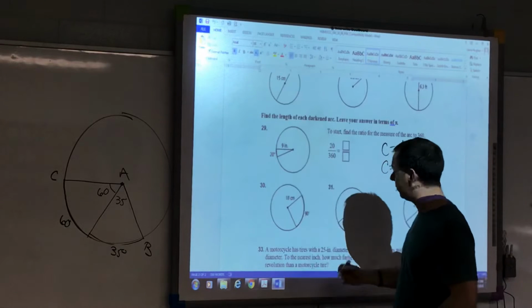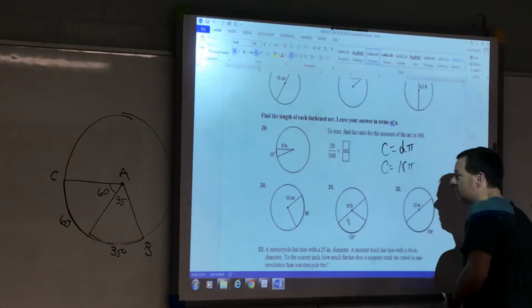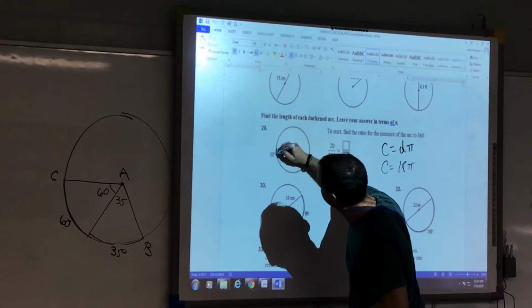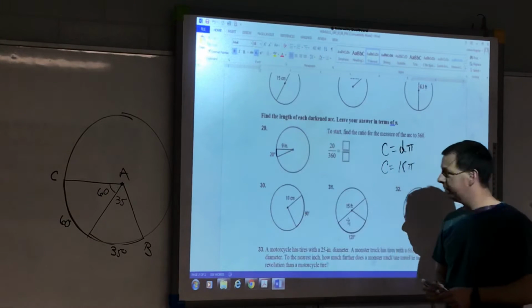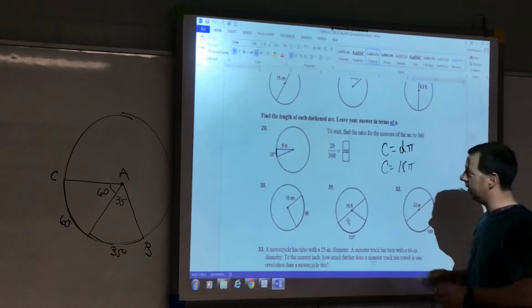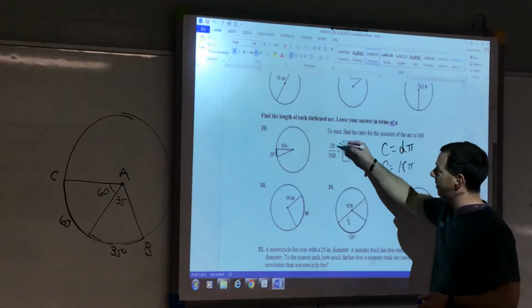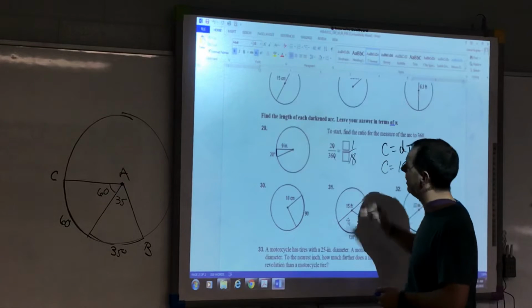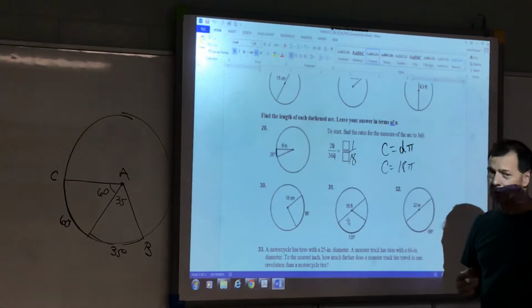If I only wanted to find how long in actual length 20 degrees of that circle would be, well, 20 degrees is out of 360. If I lop off the zeros, it's 1/18 of the circumference of the circle.